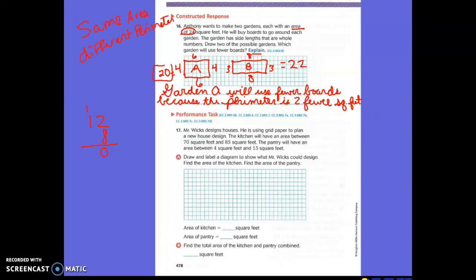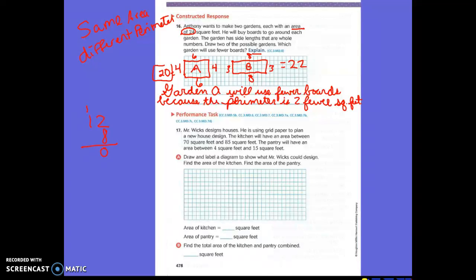Okay, performance task now. Number 17, read the story problem. Mr. Wicks designs houses. He uses grid paper to plan a new house design. The kitchen will have an area between 70 square feet and 85 square feet.